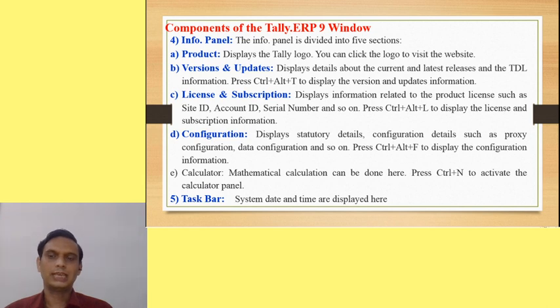The next portion is the calculator. When we want to calculate some values or percentage on an amount, such as interest calculation or other calculations, it can be done using the calculator. To activate the calculator, press the Ctrl plus N shortcut key to activate the calculator panel.